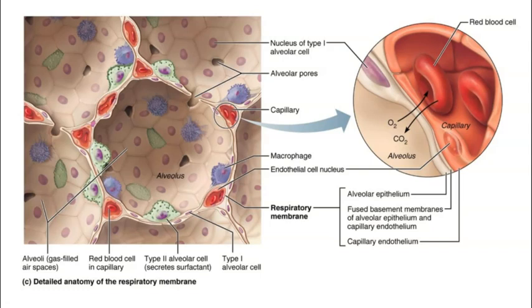It's approximately 0.5 micrometers in diameter, which is roughly 14 times thinner than the diameter of a typical erythrocyte. So not only do we see that the respiratory membrane is very thin, but it also has an extremely high surface area thanks to the many millions of alveoli that are within each lung. So the combination of being very thin along with a high surface area is an extremely ideal combination to promote diffusion.